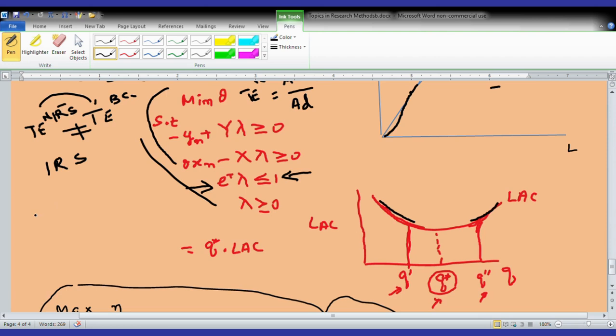So technical efficiency with non-increasing returns to scale equals technical efficiency with the BCC model. If this is the case, then we have decreasing returns to scale. So there is something that is true about the returns to scale concept.